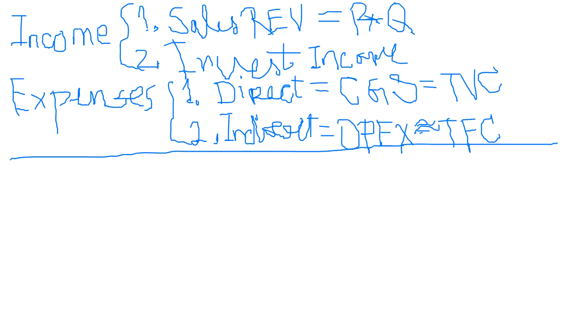The direct inputs or factors of production are very well defined by microeconomics: capital, labor, and raw material or natural resource.